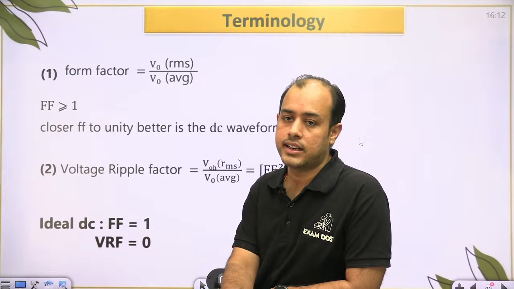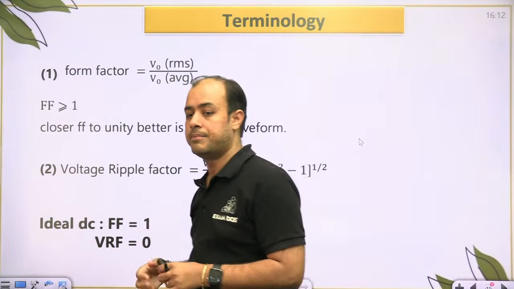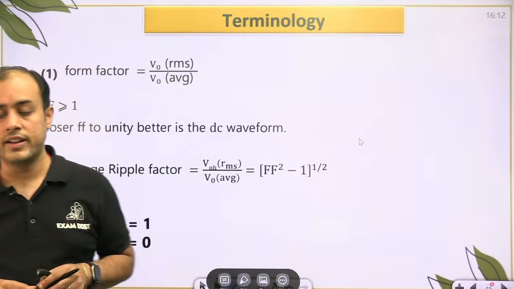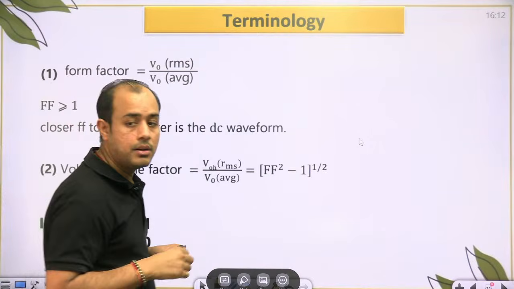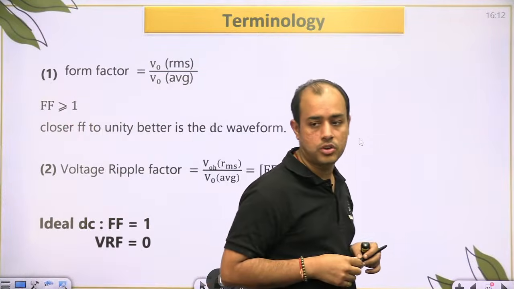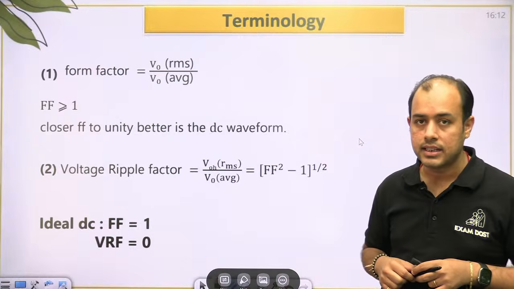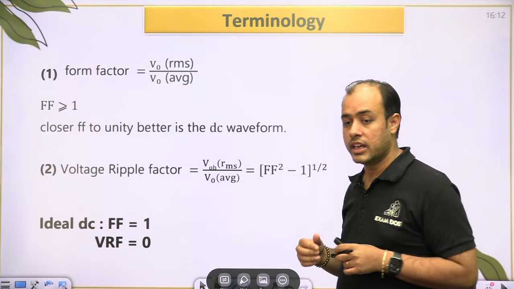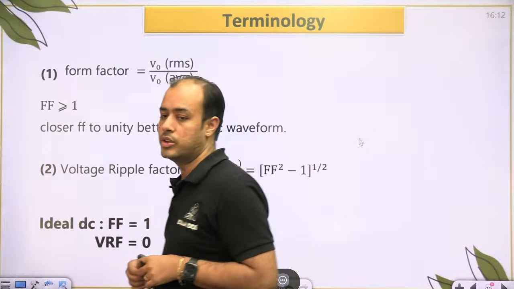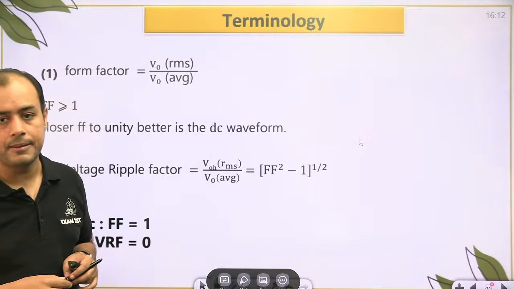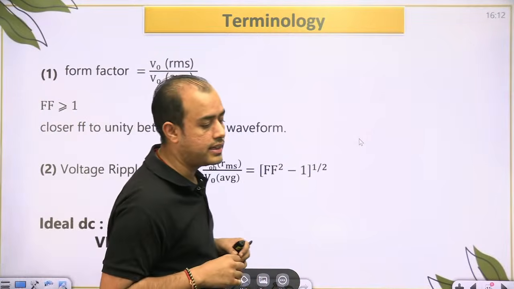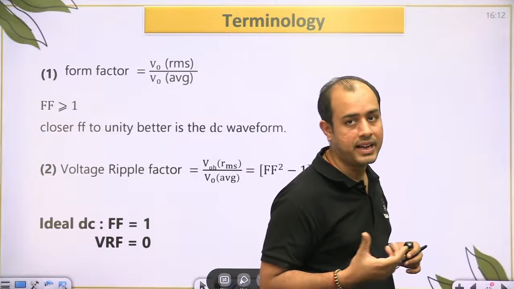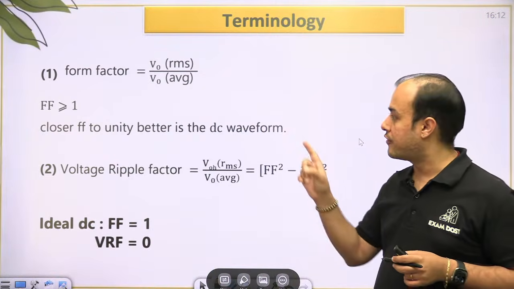Now the form factor is always greater than or equal to 1, but the closer the form factor goes to 1, the better is the waveform, or the waveform becomes close to pure DC. ठीक है, फॉर्म फैक्टर जितना 1 के नजदीक जाएगा, वेवफॉर्म उतनी ही बेहतर DC बनेगी.